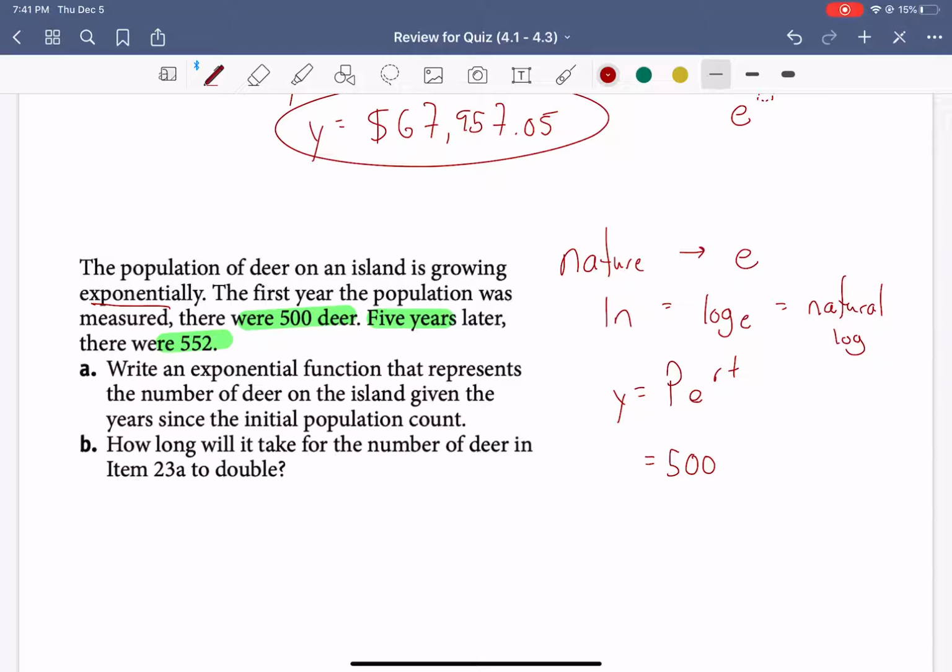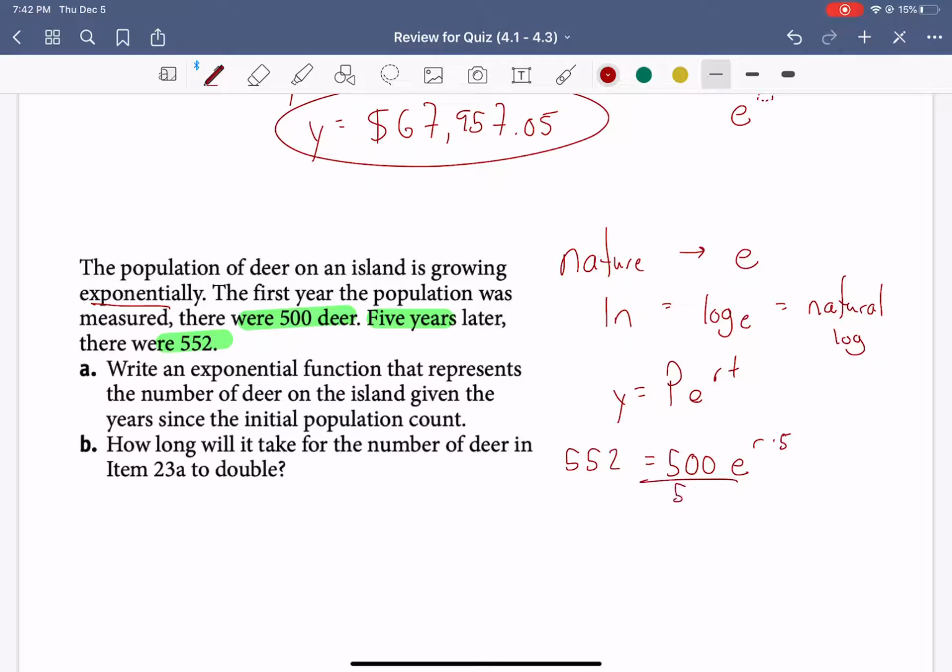All right. We have 552 at the end. We have e. We don't know our rate, but we do know that we have 5 years. All right. So we need to figure out what the rate is if we actually want to figure out our equation.